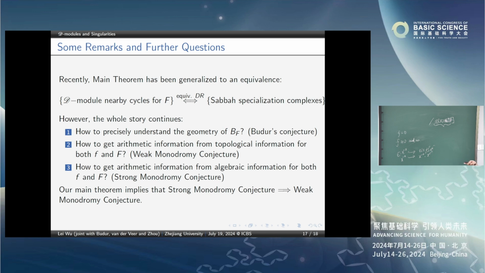We probably need to understand the log Riemann-Hilbert correspondence better, so that we can use log to construct a log perverse sheaf, like the double log perverse sheaf log Riemann-Hilbert correspondence, so that we can make a bridge to connect these two parts. And this is what we are doing now. I think I'm going to stop here. Thanks.